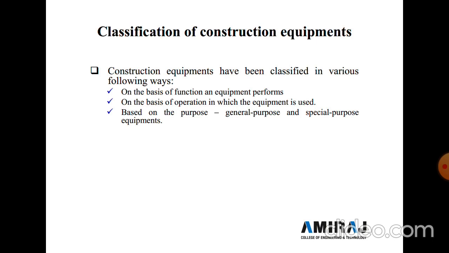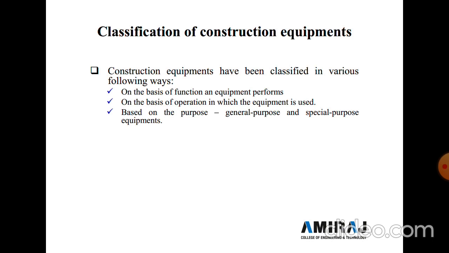And the third one is based on purpose, general purpose and special purpose. In a general purpose, like if we construct a road, the road methodology is the same every time, whether we construct a road in a village area or a city area.